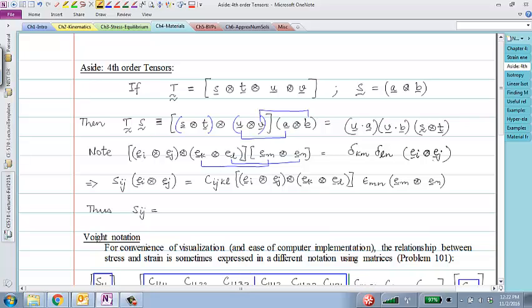So if I apply that to this relationship that we had written out for stress and strain, I have Cijkl fourth order tensor basis times second order tensor basis.